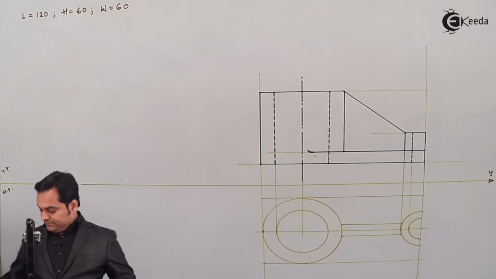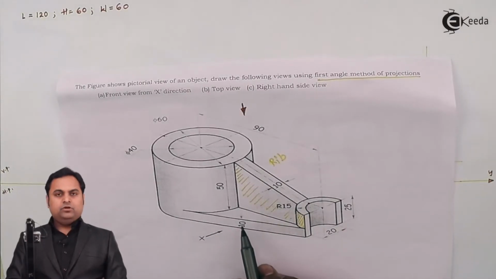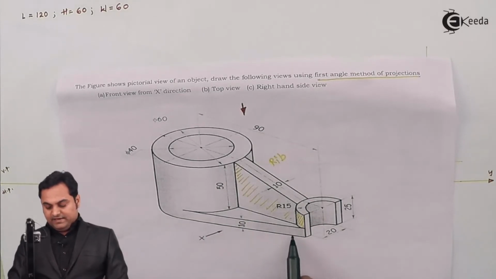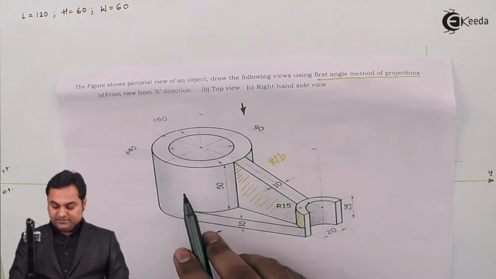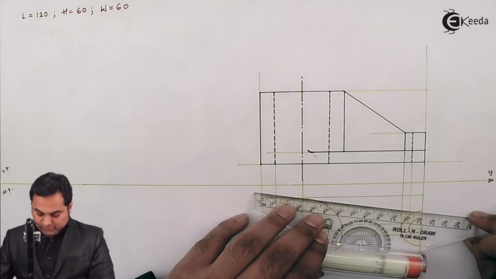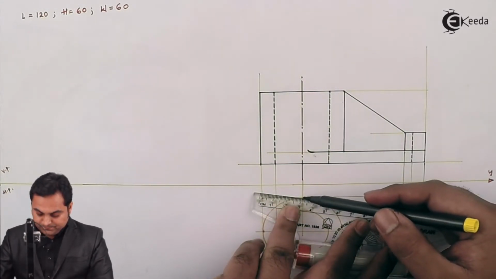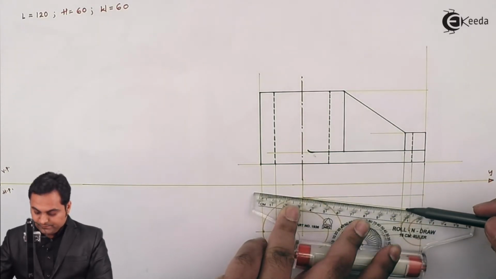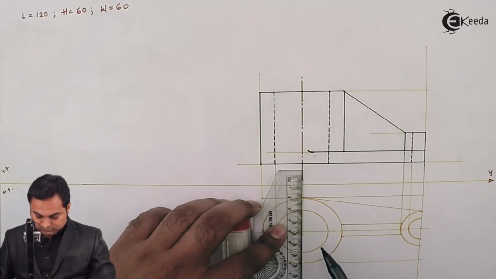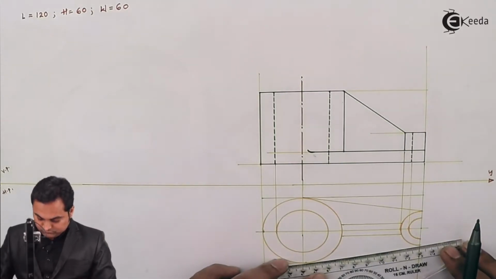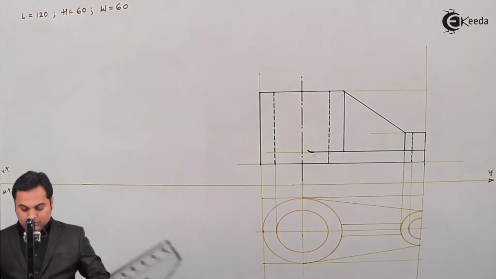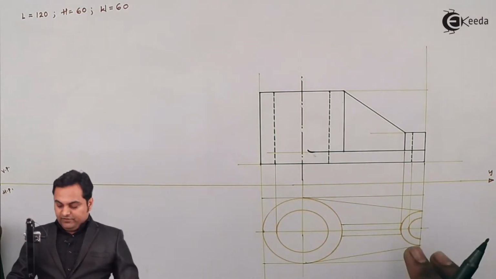Then after this, here we see that this block is inclined and it is connecting the cylinder with the semicircle. So I'll draw a light line joining the cylinder and semicircle. So this is the top view of the given object.